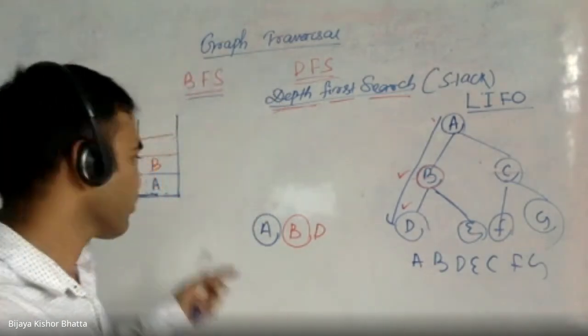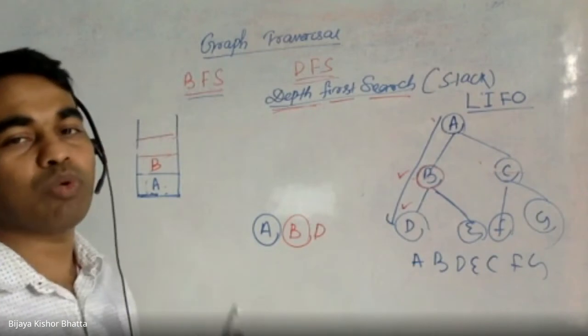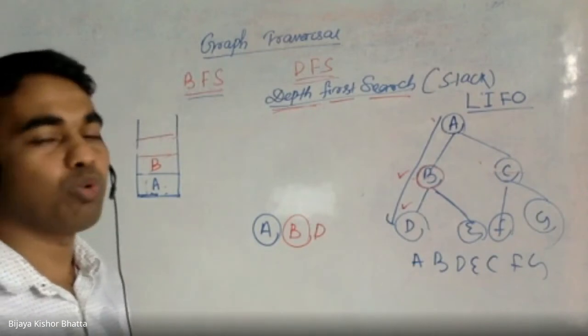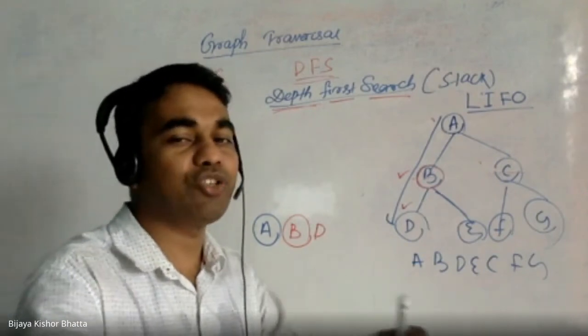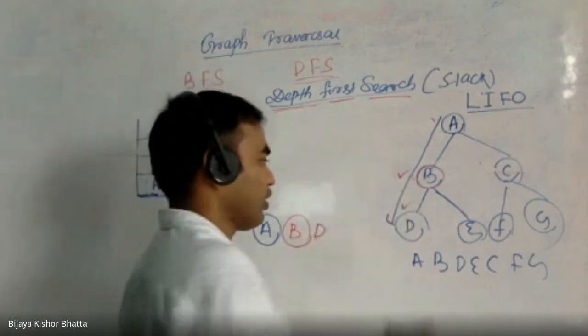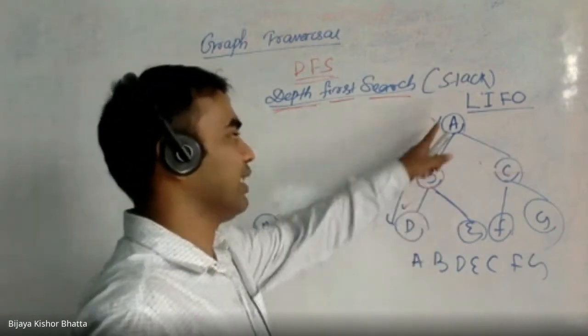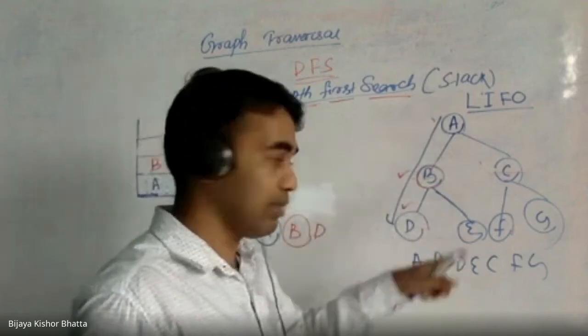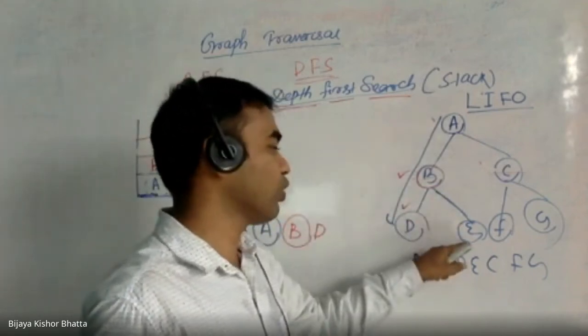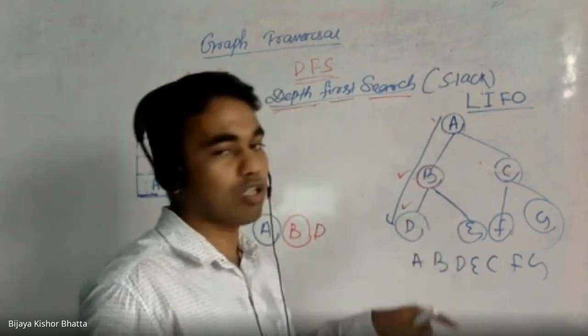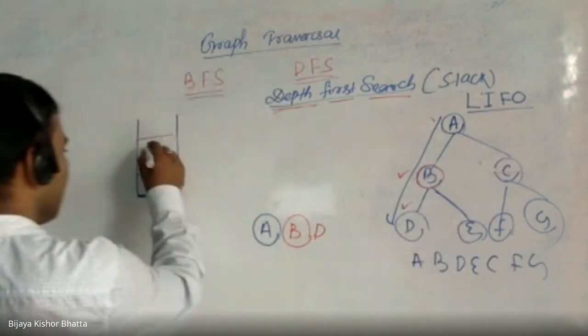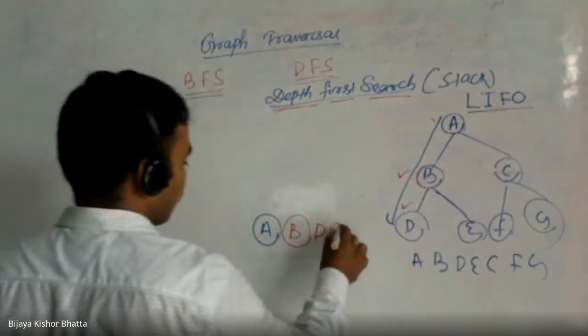Hey B, is there any node which is not covered and is your adjacency? For B, D is already covered, A is already covered. So B will answer yes, there exists one node, which is E and is not covered. So E will be pushed here and E will be processed.